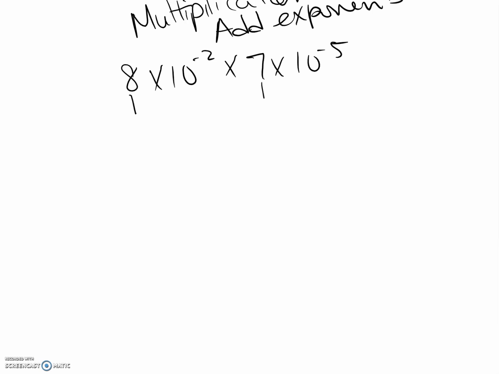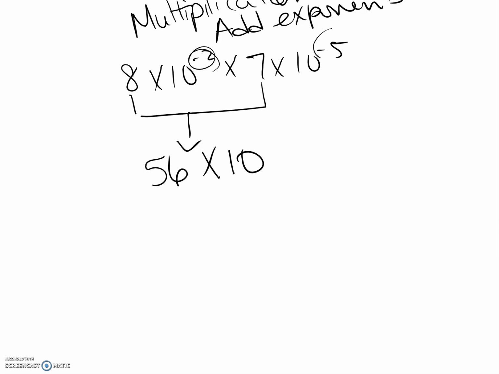So multiply our two numbers like normal. So 8 times 7 is 56 times 10. Now when we add, we need to add our exponents. So negative 2 plus negative 5 equals negative 7. So our new exponent would be 56 times 10 to the negative 7th.